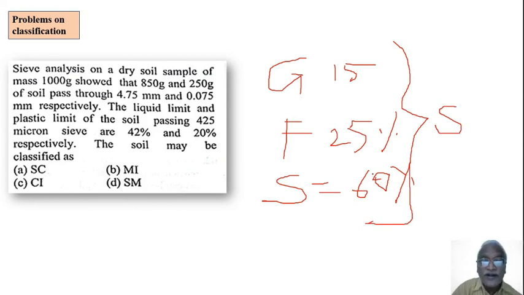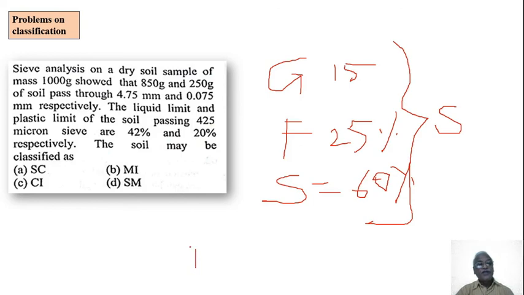Now, is it well graded or poorly graded? SP or SW? No, fines are more than 12%. Now, further data: the liquid limit and plastic limit of the soil passing through 425 microns are 42 and 20.